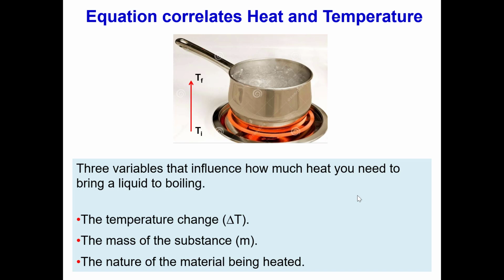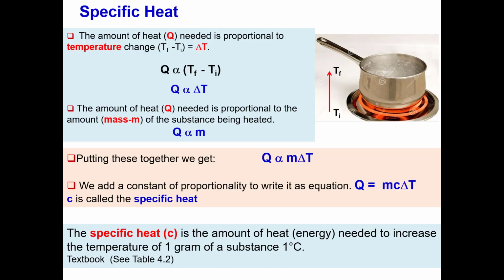The second is the mass of the substance, and the third is what kind of material we want to boil. These three variables influence this process, so let's try to correlate them.